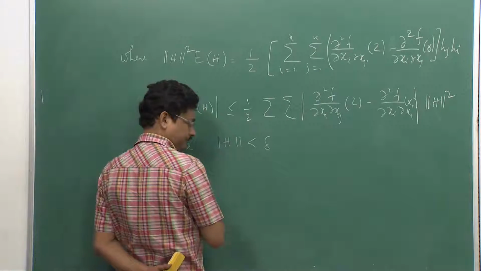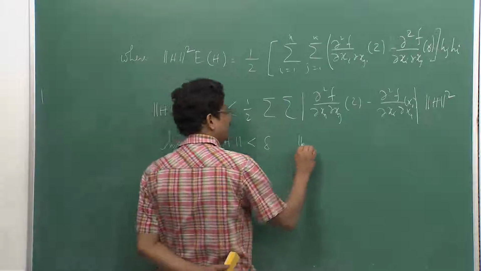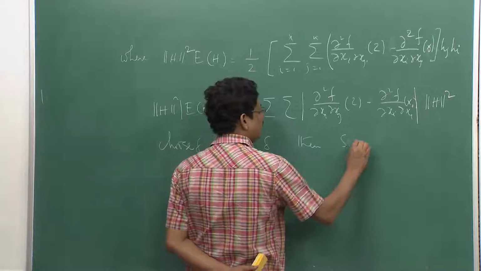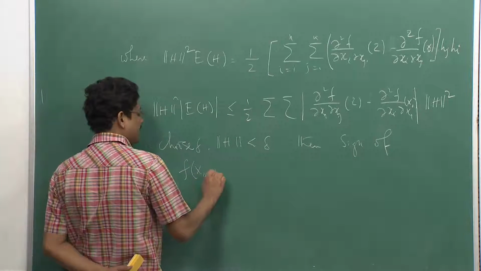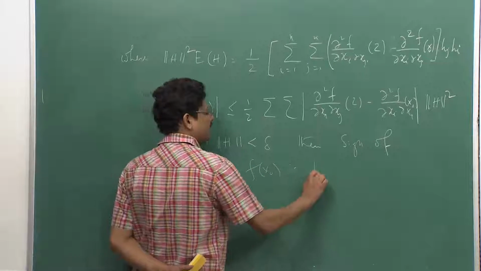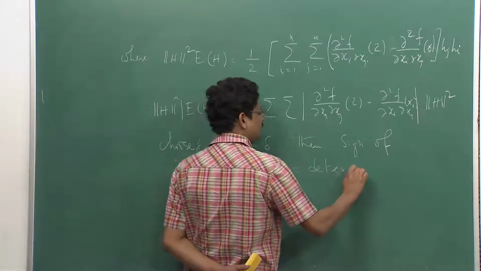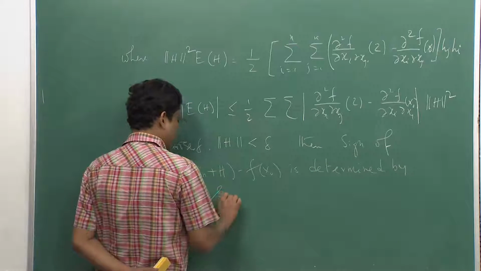So, I can choose delta such that if this is small, then the sign of f of x naught plus h minus f of x naught is determined by the sign of the second derivative term.